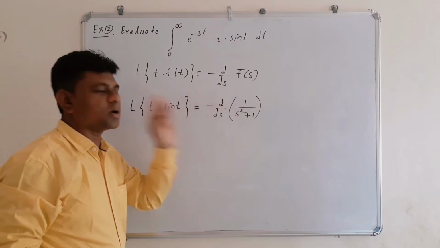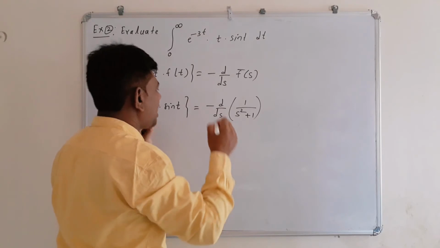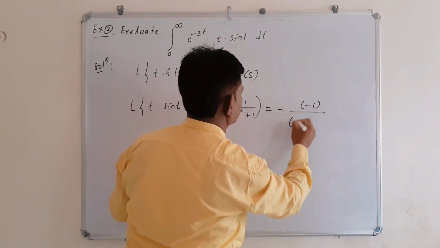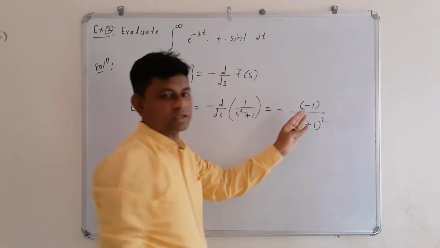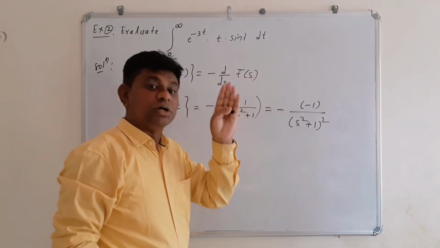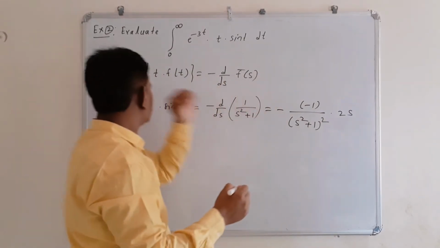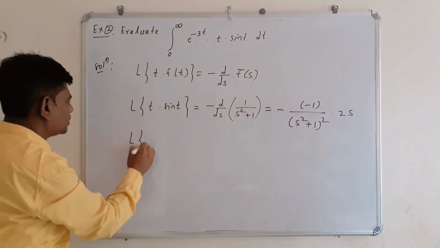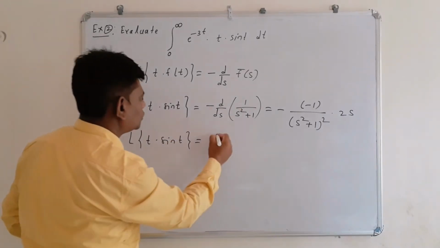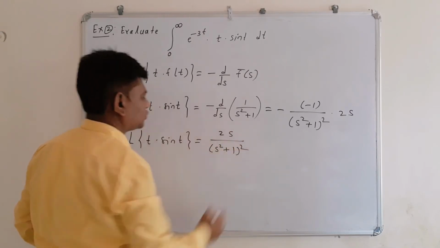Now the derivative of 1 upon s square plus 1. The derivative of 1 upon s square plus 1 is minus 1 upon s square plus 1 whole square, into the derivative of s square plus 1, which is 2 times s. So therefore Laplace transform of t times sin t is equal to 2 times s upon s square plus 1 whole square.